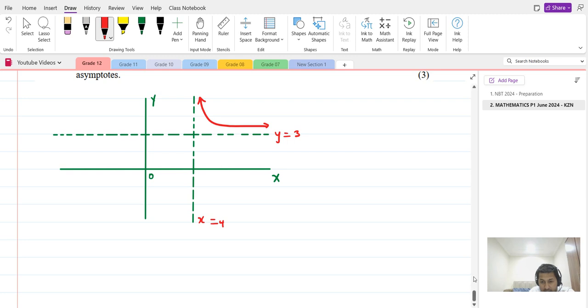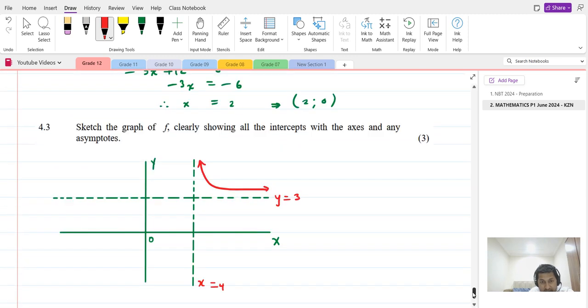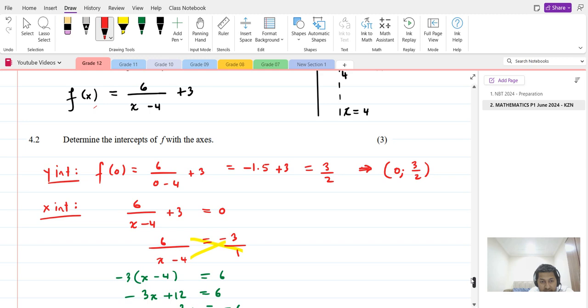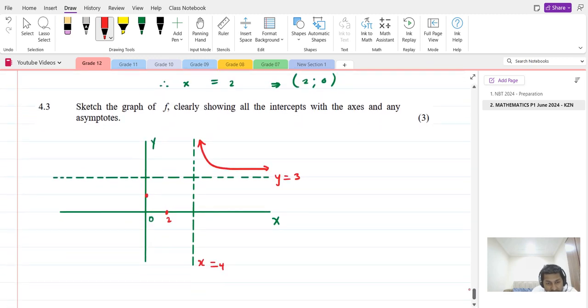And my x-intercept was 2, 0, so exactly in between here, that's 2, 0. And my y-intercept was 1.5. 1.5 will be right here because that's 3. The y-intercept was 1.5, or 3 over 2. And now we're going to draw the second graph here.